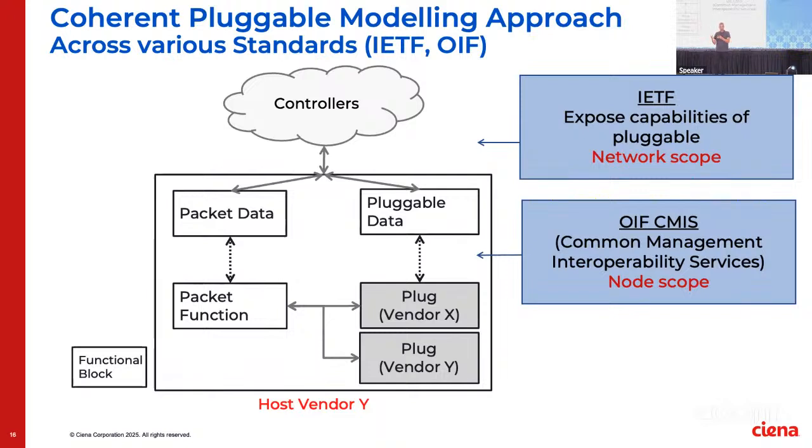CMIS should work between the plug and router to convey information, and the router and the outside should work with IETF. So in other words, if I want to make sure everything works when I put the plug in, these two organizations should work together.